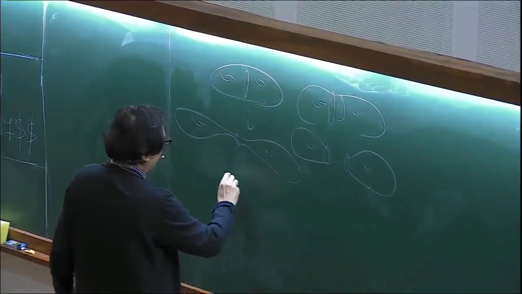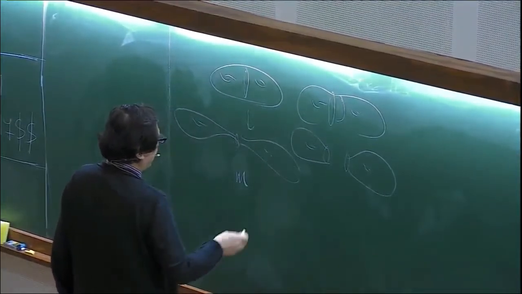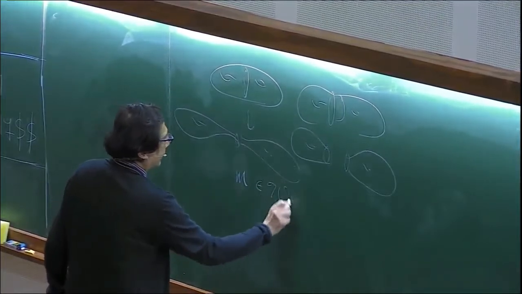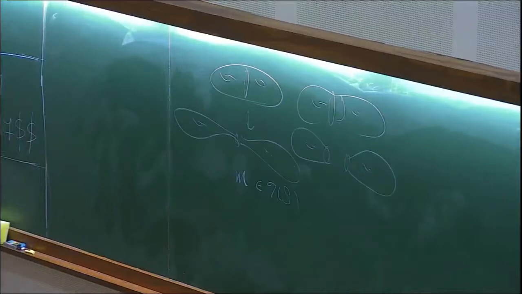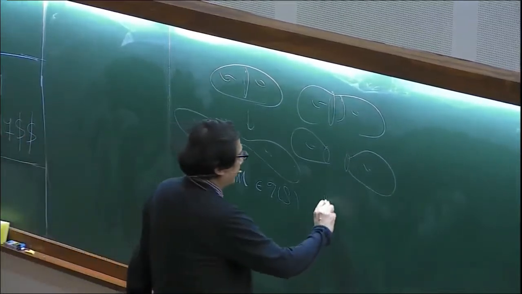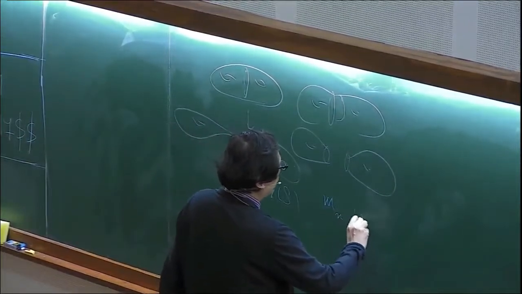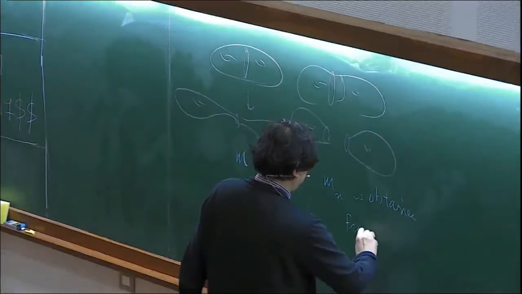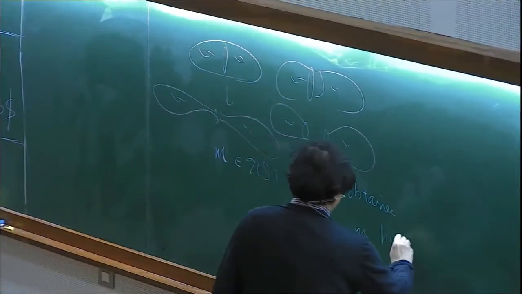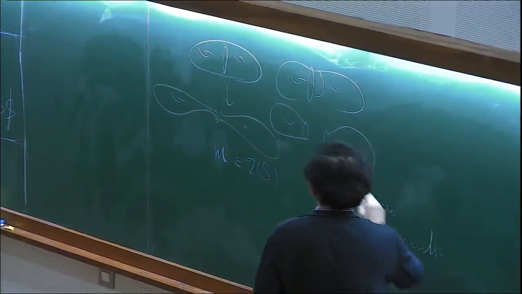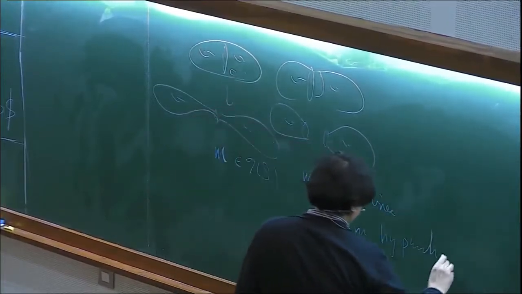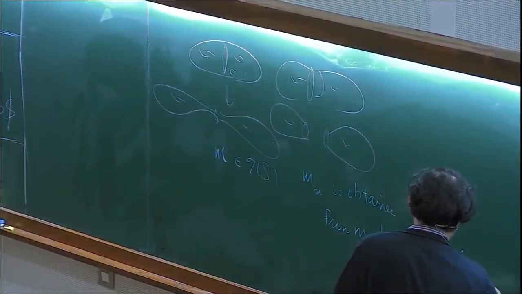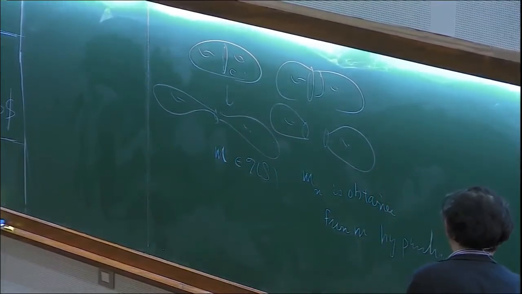So fix some point M in a Teichmüller space, and suppose Mn is obtained from M by pinching simple curve C to the length 1 over n.